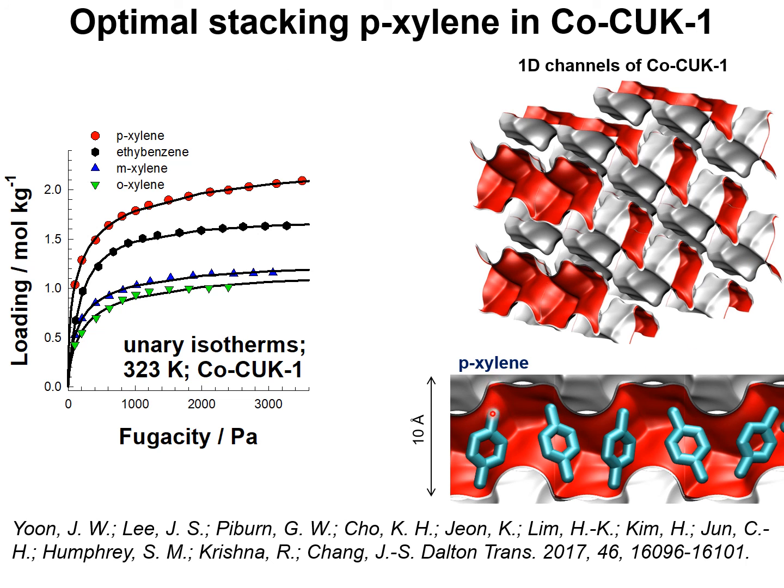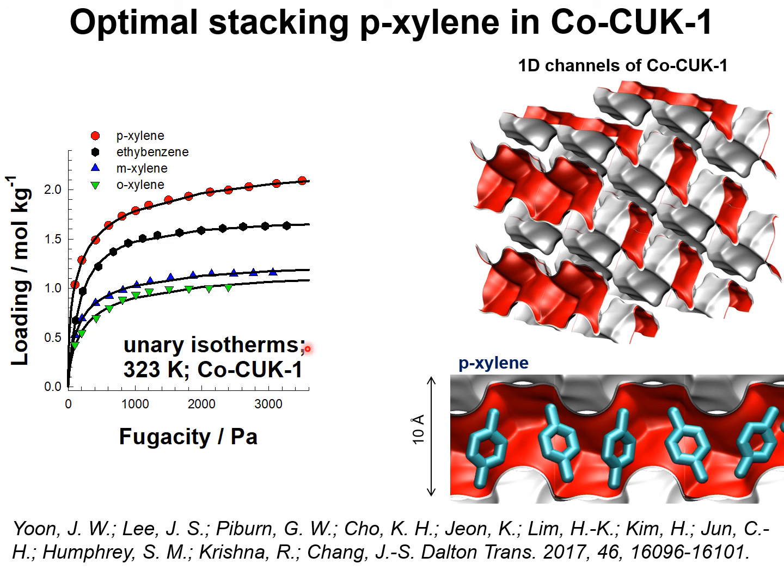Optimum stacking of para-xylene can be achieved in the one-dimensional zigzag channels of cobalt CuK1 as reported in this paper by Yoon and co-workers. These are the unary isotherm data that clearly show a higher saturation capacity for para-xylene than with other C8 hydrocarbons.